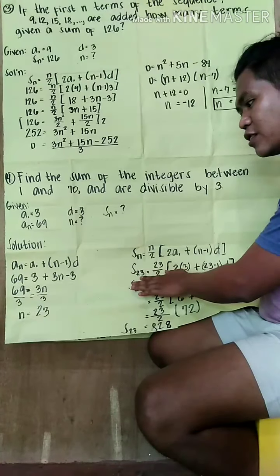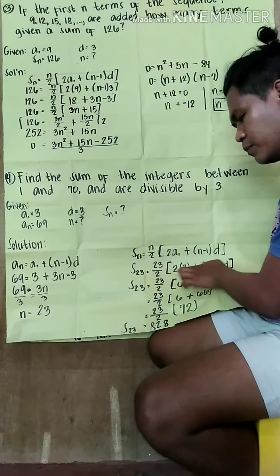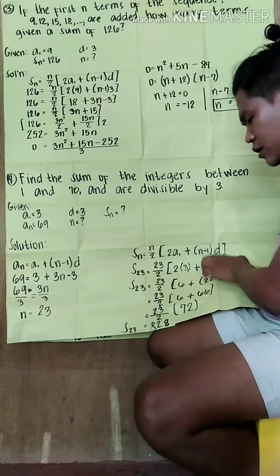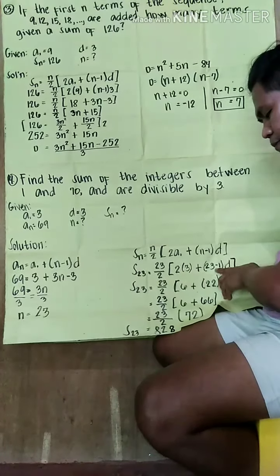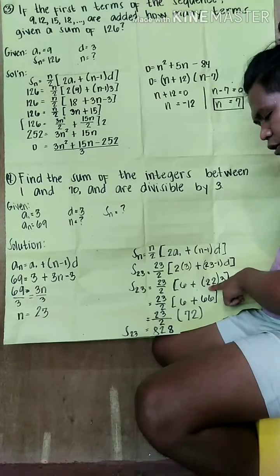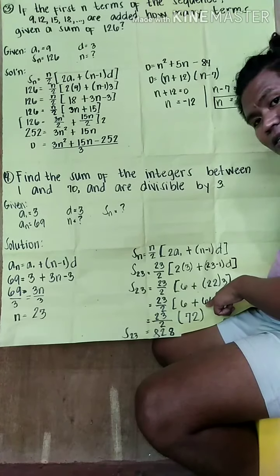So s sub 23 is equal to 23 over 2 multiplied to 2 times 3, which is the first term, plus n, which is 23, minus 1 times the common difference, which is 3. 23 minus 1 is equal to 22. 22 times 3 is equal to 66.